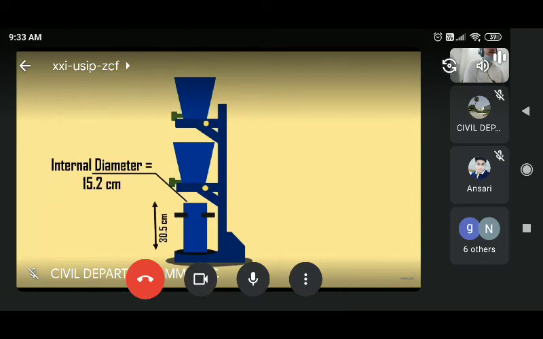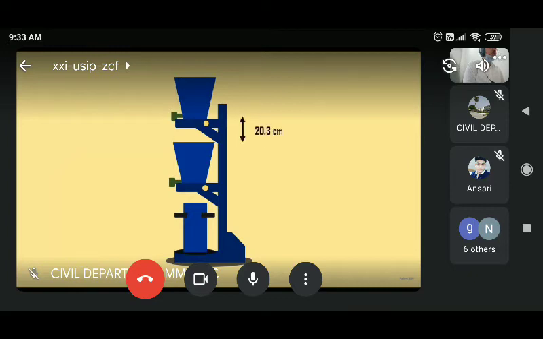Then the dimensions of the cylinder at the bottom, and the distance between the lower hopper and upper hopper, and cylinder and second hopper. The concrete is poured into the upper hopper. Then the trap door is opened to free fall the concrete from the first to the second hopper. Then the trap door of the second hopper is also opened and the concrete free falls to the cylinder.